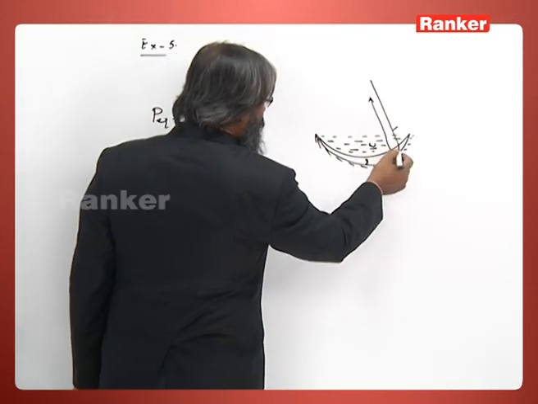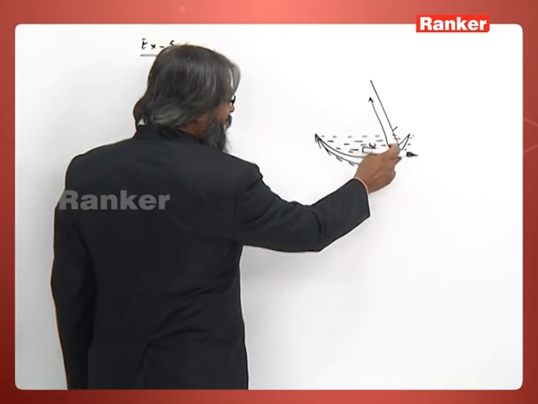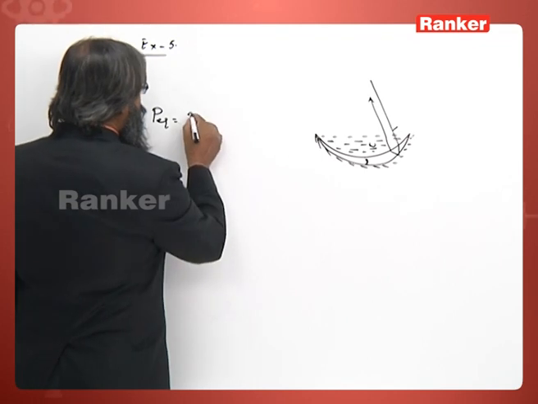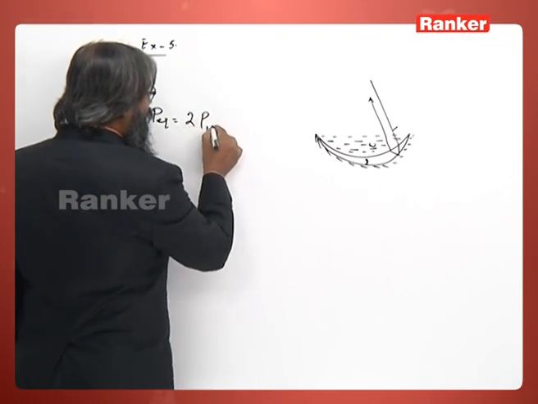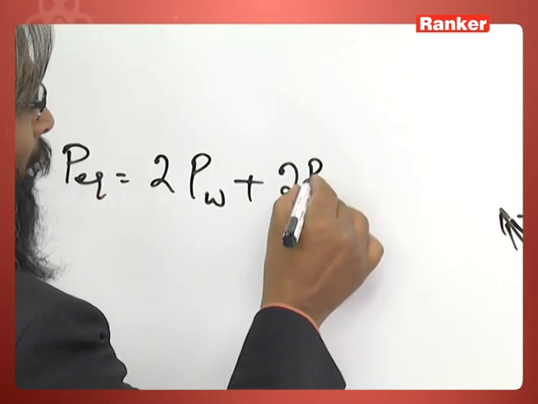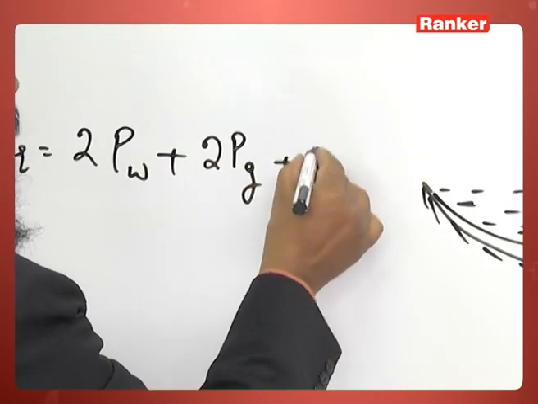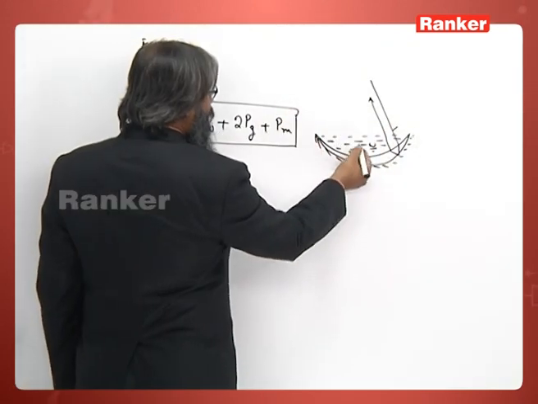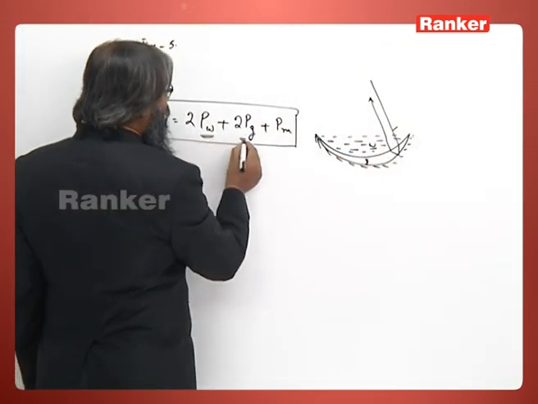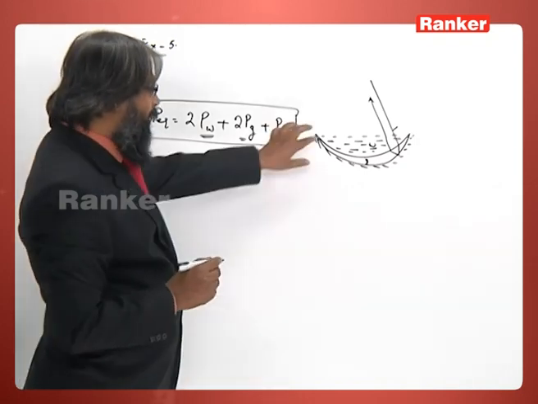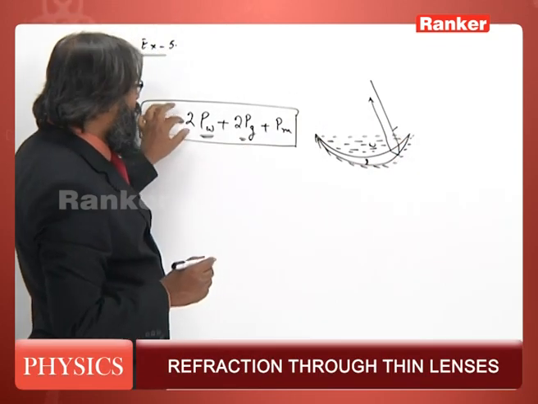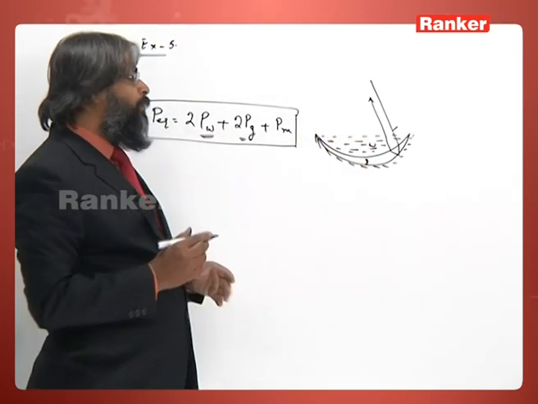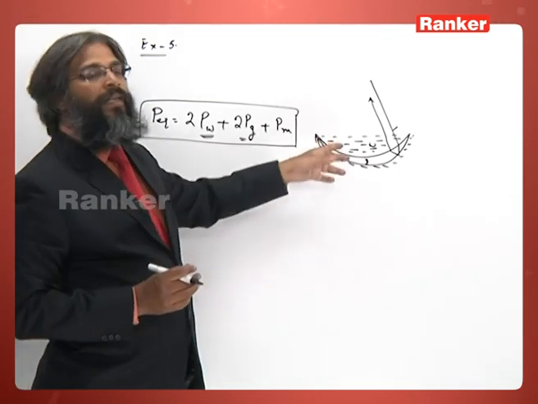It encounters 2 refractions from the water lens and 2 from the glass lens and 1 reflection from the mirror. So 2 times the power of the water lens plus 2 times the power of the glass lens plus 1 times the power of the mirror. If there is one more liquid above, then the power of that liquid lens also comes 2 times, because it is deviating 2 times from the concerned lens.